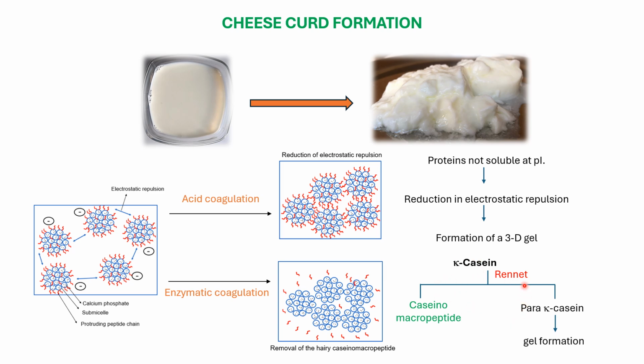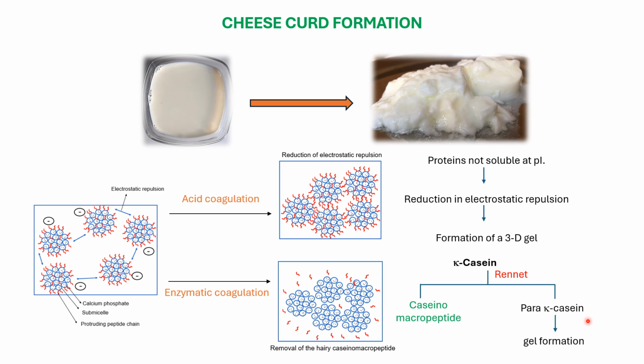When the amide bond is broken, two parts are formed. The first part is rich in hydrophilic groups and is called caseino macropeptide. During the cheese making process, this part is washed away in whey. The second part is called para-kappa casein, which is rich in hydrophobic groups.